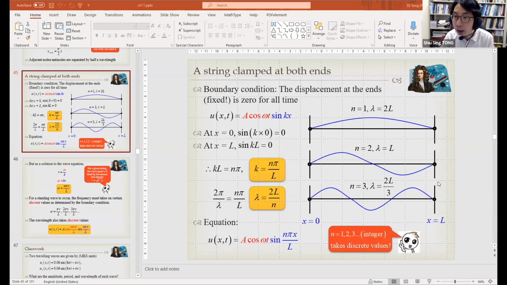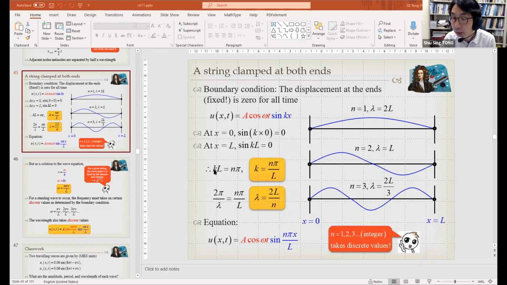But the boundary condition at x equal to L can be satisfied only if the factor sine KL is 0. And that imposes a condition on k. k cannot be arbitrary now, because I require this to have zero disturbance always.